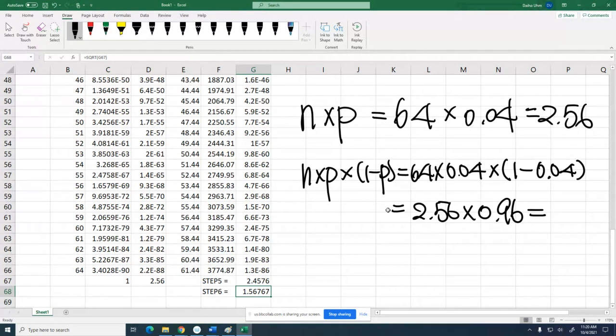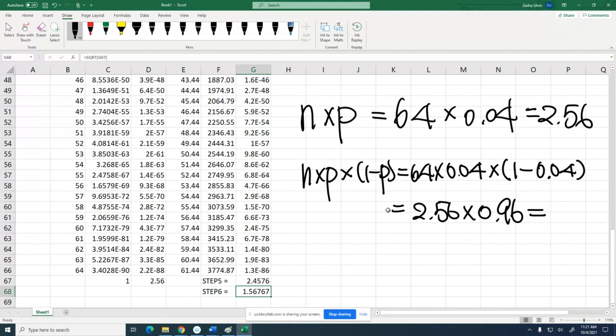Additionally, multiply 1 minus the probability 0.04. Try it. Anybody who got something? 2.4576. Where is the value?